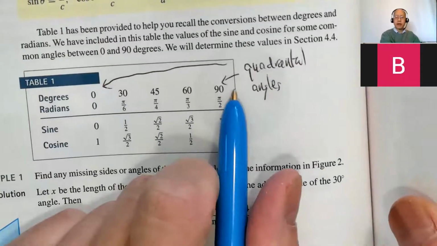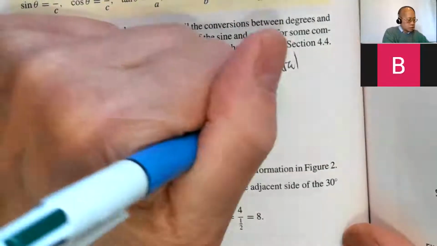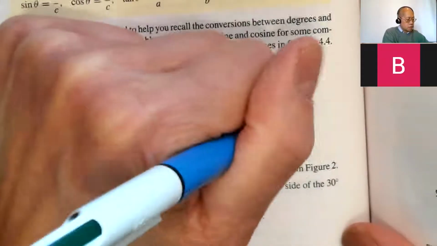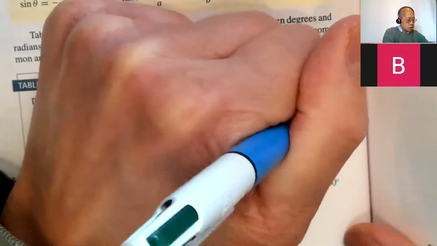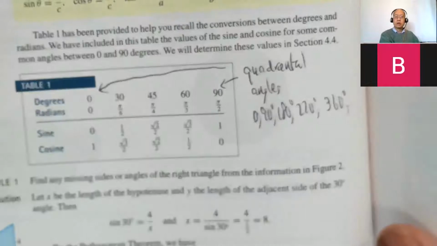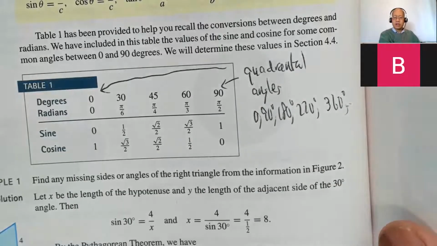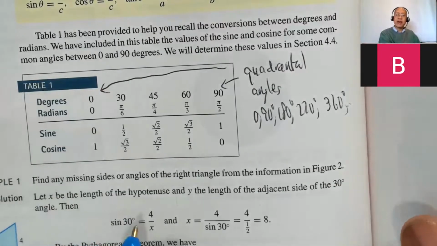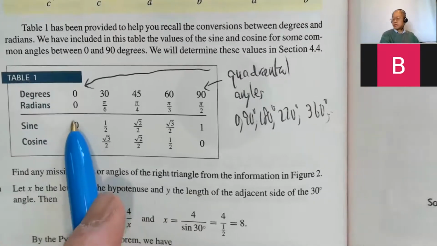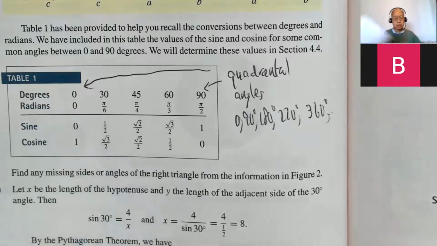Those are called quadrantal angles. It's every 90 degrees. So 0, 90, 180, 270, 360, and so on. You're not going to get a triangle out of it. Let's play the game of x and y coordinate. Okay, so how about at 0 degrees, which is the same as 0 radians?